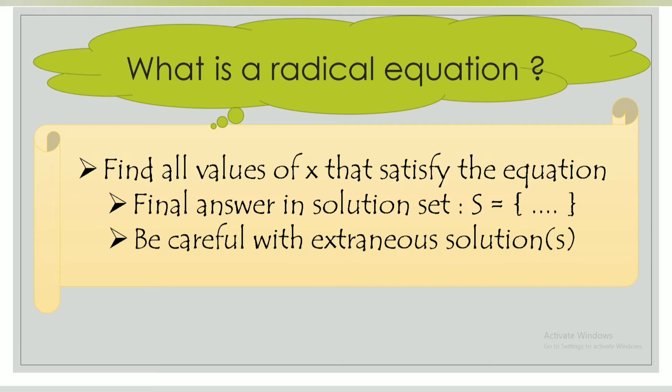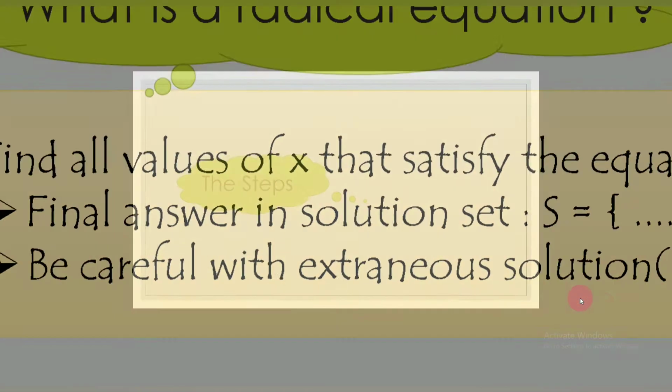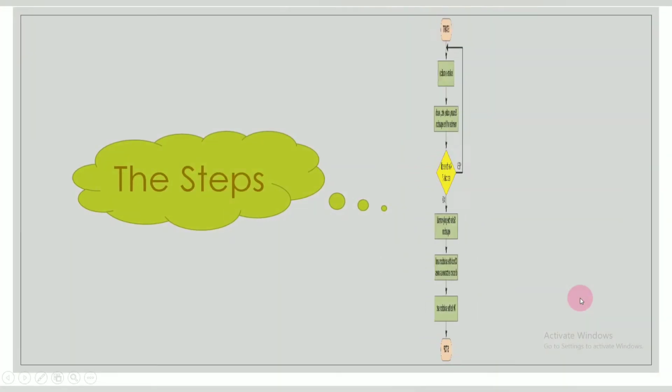So your final answer must be in the solution set. Don't forget, this is the last statement. And you need to be careful with the extraneous solution. Why? Because later you will find out that we still do irreversible steps, which is a bold move in algebra. So let me just show you the steps.